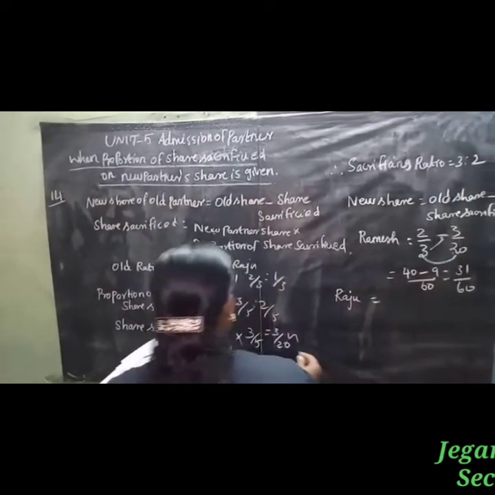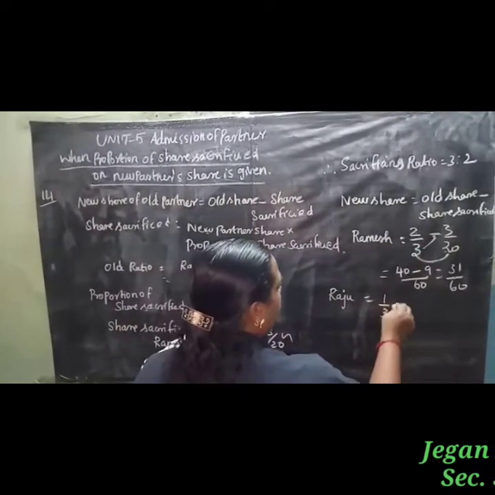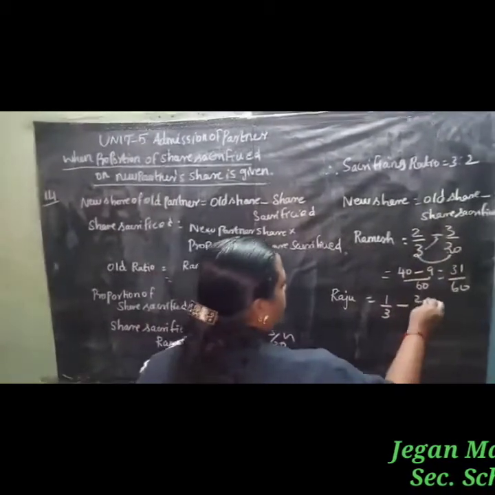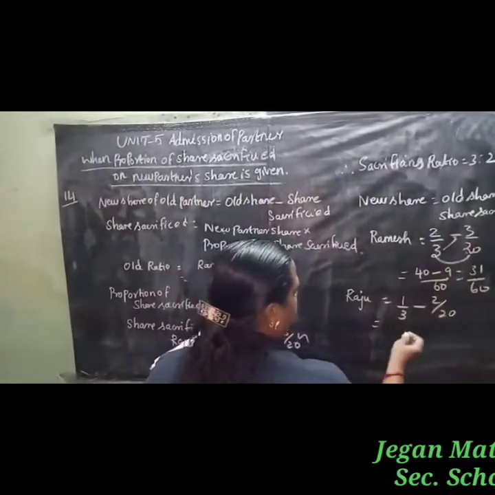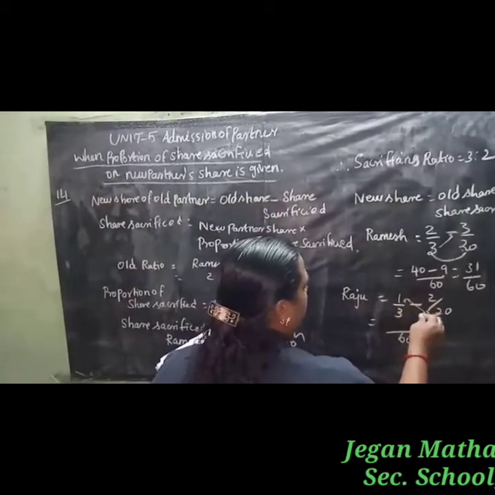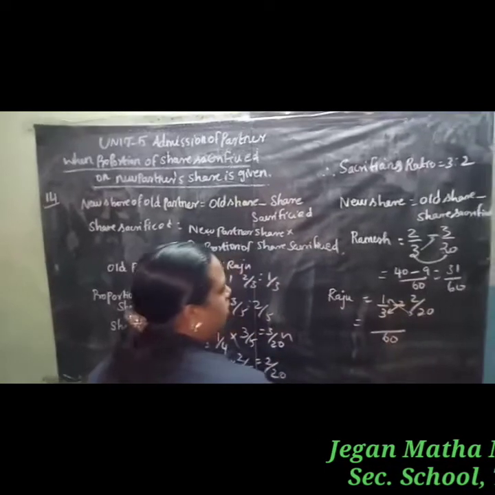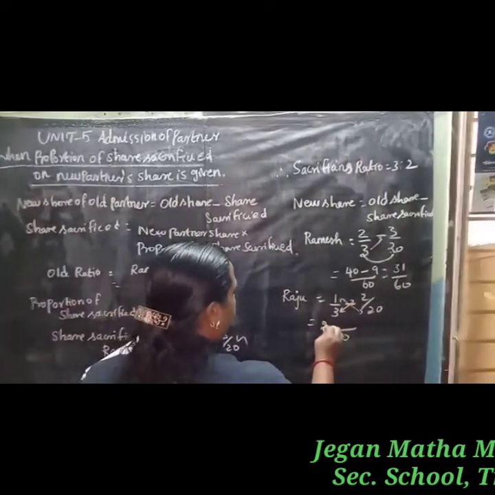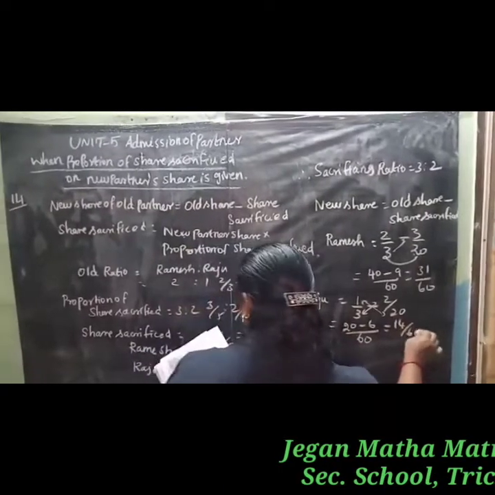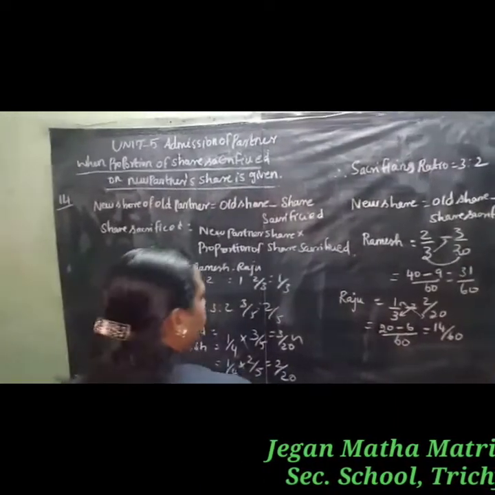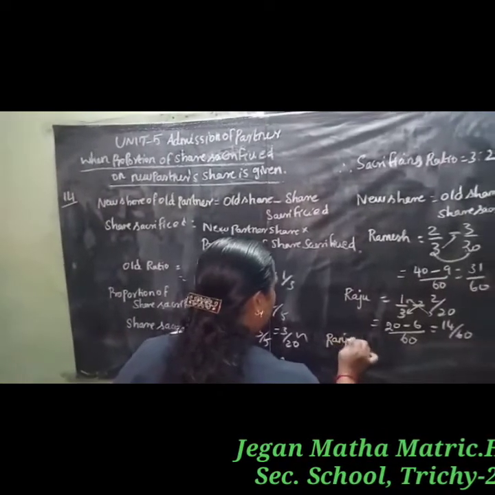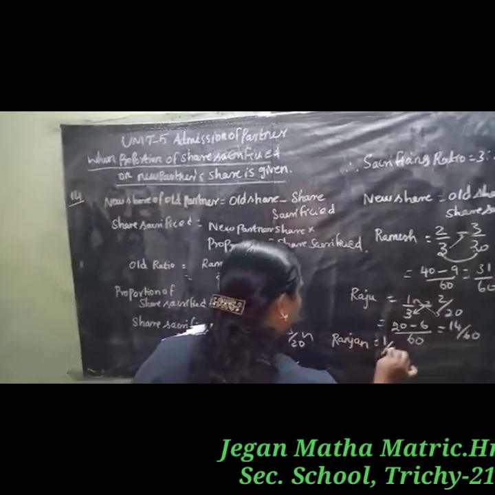Next for Raju: old share 1/3 minus share sacrifice 2/20. Again the LCM is 60. Cross multiply: 20 minus 6, so 14/60. Now for Ranjan, the new partner, the share is 1/4.